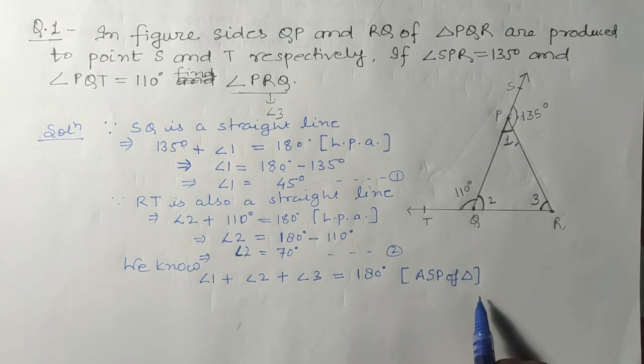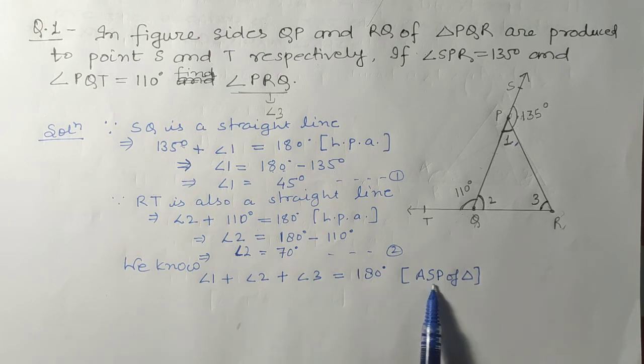We have to mention it also, that it is the angle sum property of a triangle, because there is an angle sum property for quadrilaterals also. There we will study that the sum of all angles of a quadrilateral is 360 degrees. So later on in the next chapter, or in chapter number 8, we'll prove that also, the angle sum property of a quadrilateral.